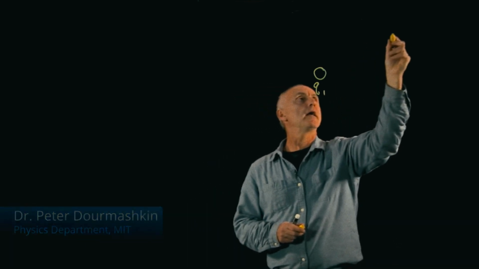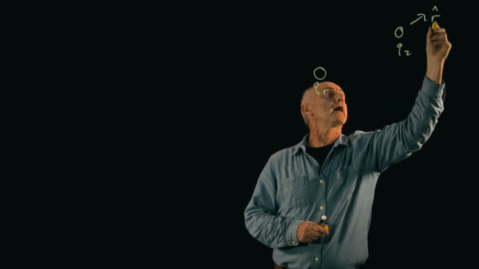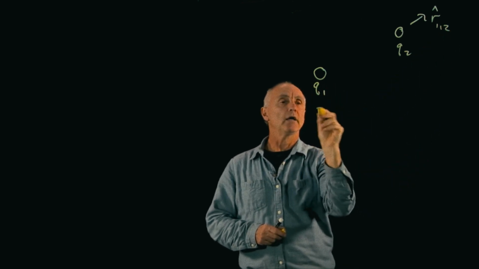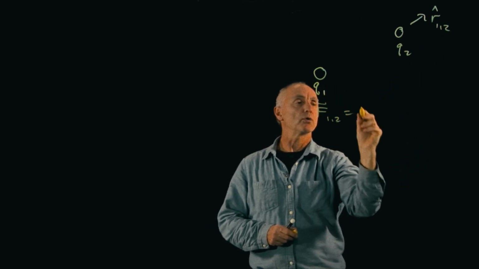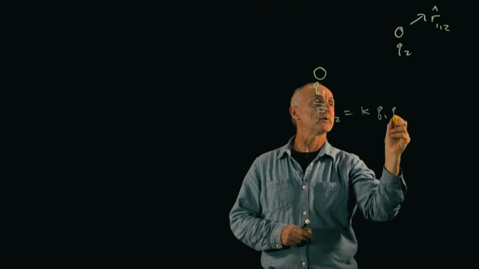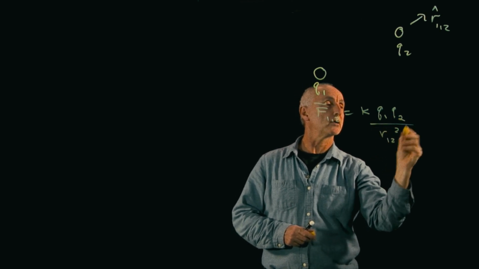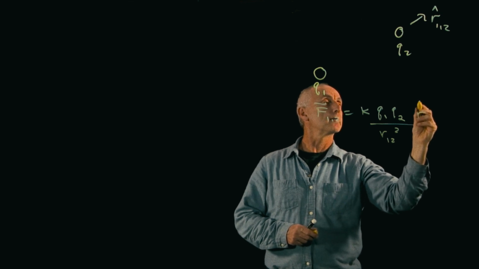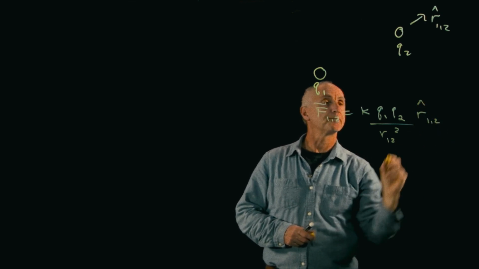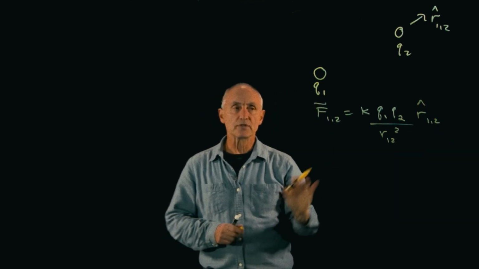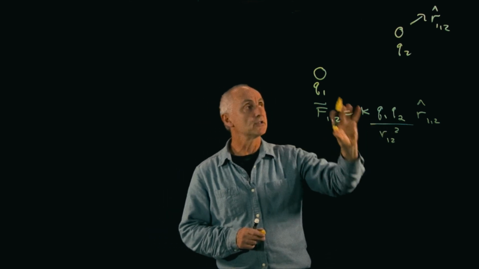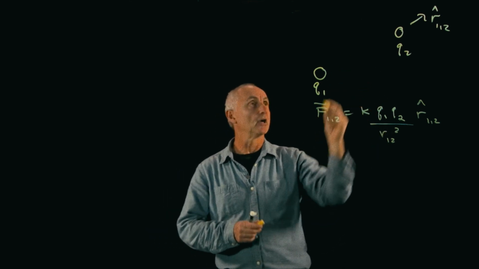Let's consider 2 charges, Q1 and Q2. And we wrote down Coulomb's law, and the force on that charge is our constant K, Q1, Q2 over R12 squared, R hat 12. Now, one of the issues in applying Coulomb's law is this is an abstract expression.